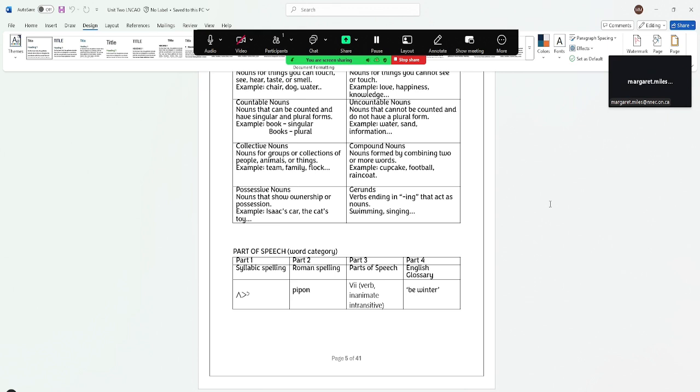So the first one, the proper nouns, specific names of people, places, or things. So let's come up with 2. So put them in English and then into Roman writing. And that is key question 13.